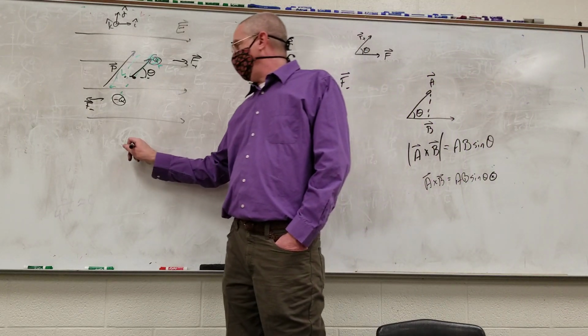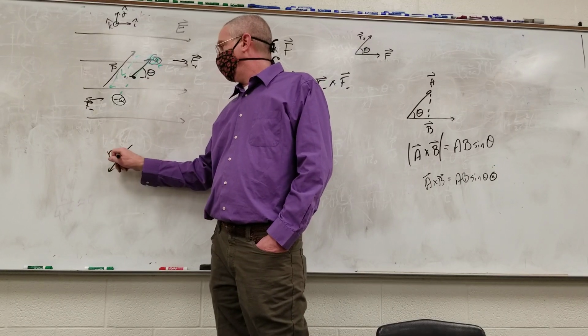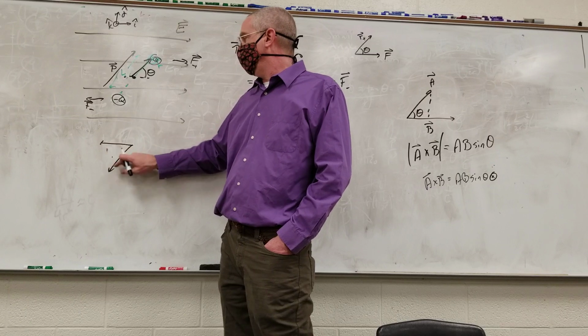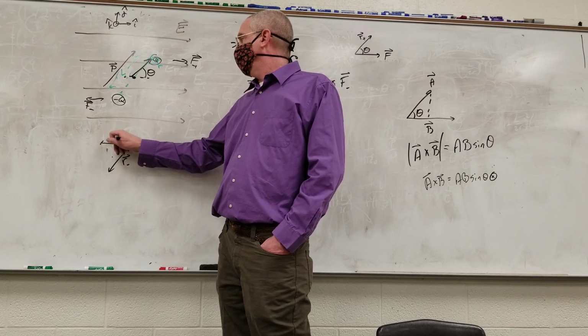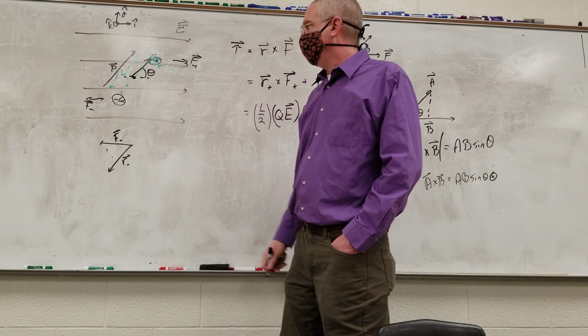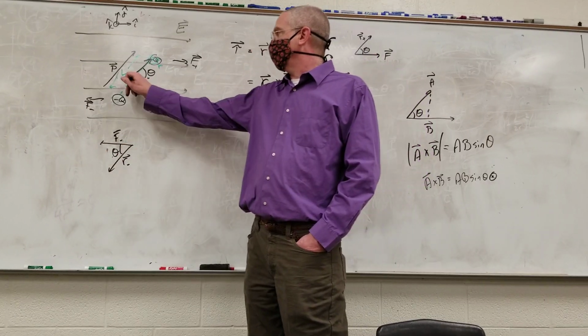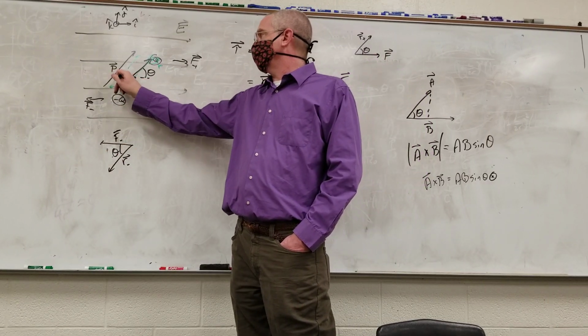So we have R negative going this way. Force negative going to the left. Again, that angle is theta. So we're talking R negative going that way, force going this way.